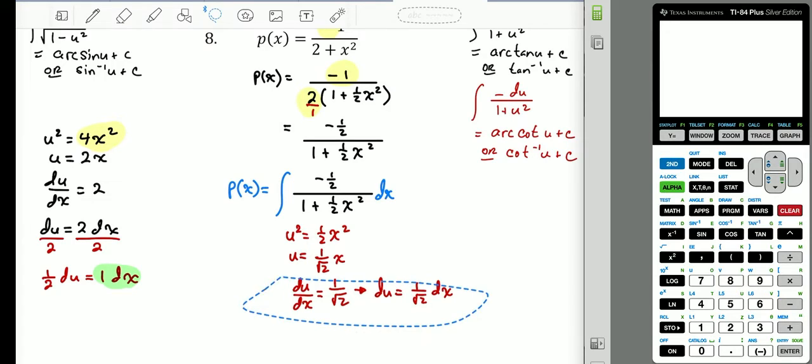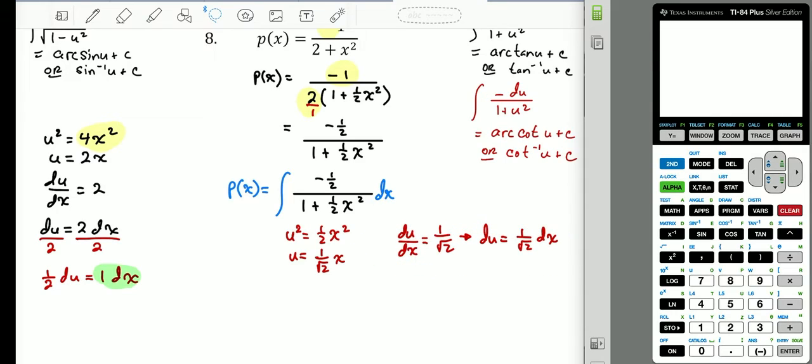All right, and that's fine. But if you're really uncomfortable, rationalize and call it a day. All right. So if only that was a negative 1 over radical 2 on top. Unfortunately, it is a negative 1 over 2. All right. So the bottom's good.